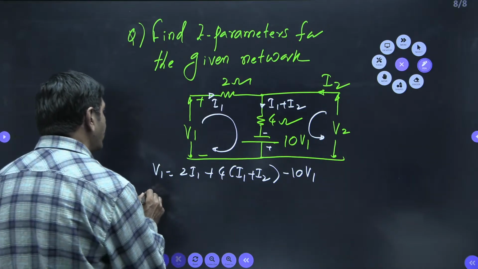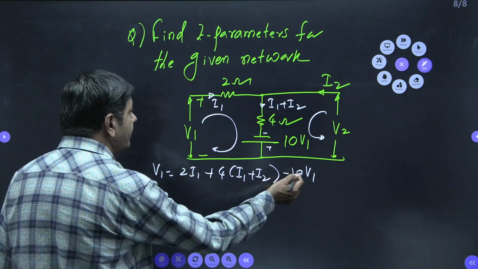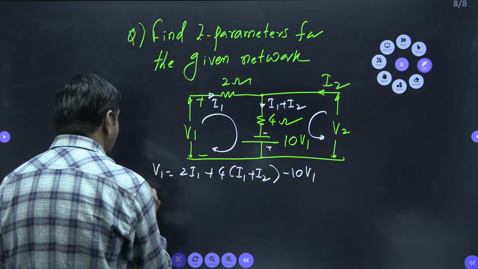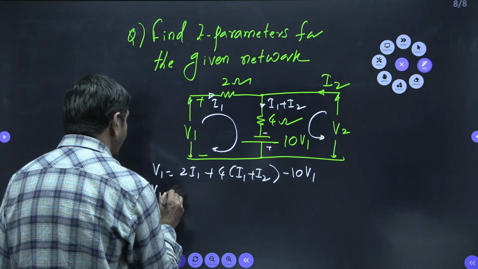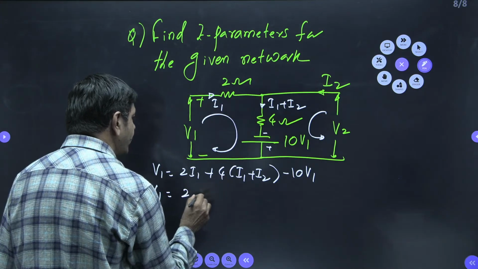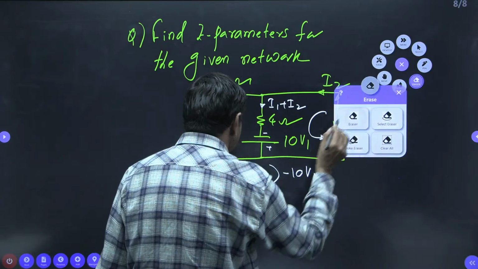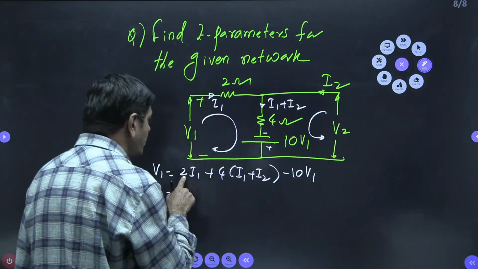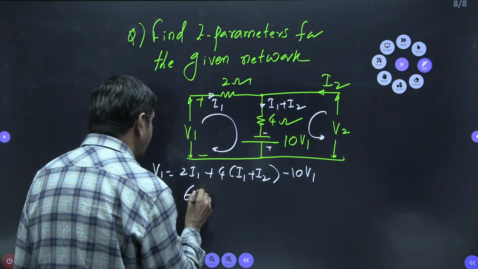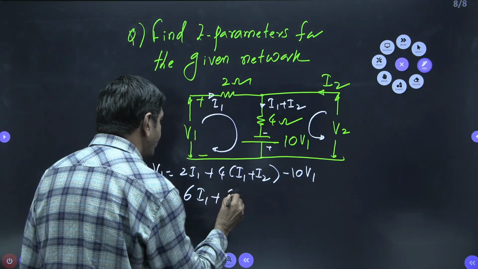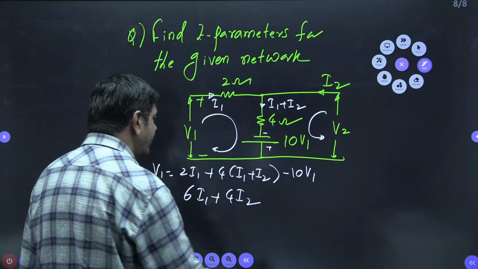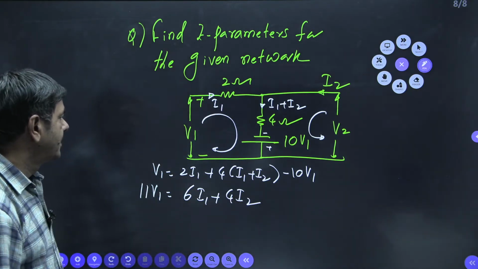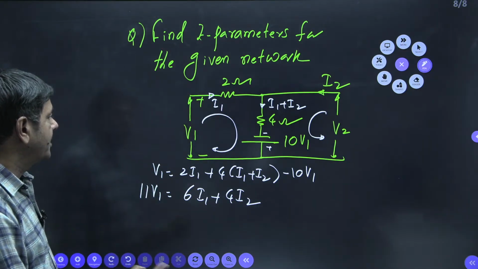There I can write V1, I have taken this side: 11 V1 equal to 2 I1 plus 4 I1, I can write 6 I1, plus 4 I2. So 6 I1 plus 4 I2.